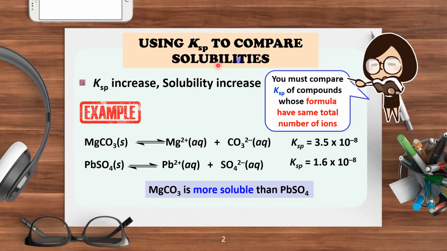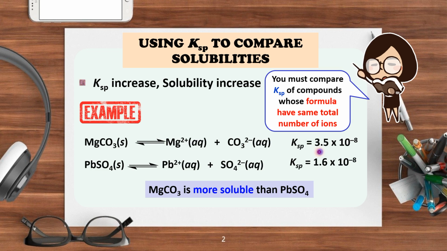Okay, now using KSP to compare solubilities, when the KSP value increases, therefore solubility also increases. Alright, so you must compare KSP of compounds whose formulas have the same total number of ions. Okay, for example, between these two equilibria, okay, magnesium carbonate dissociates to become magnesium ion and carbonate ion.